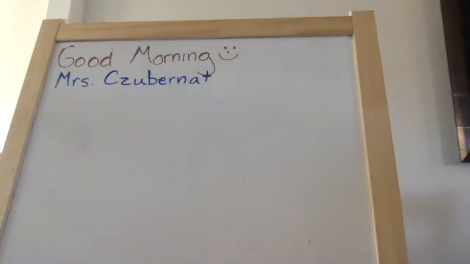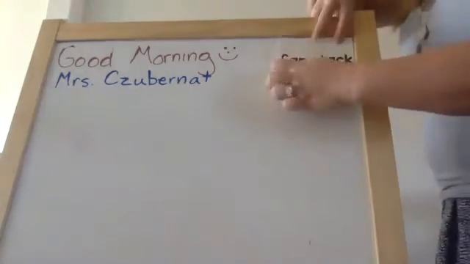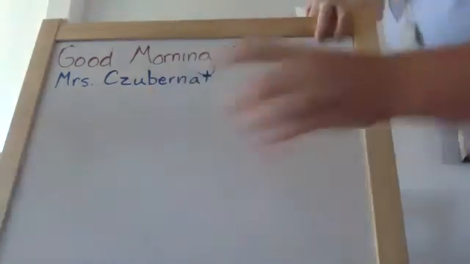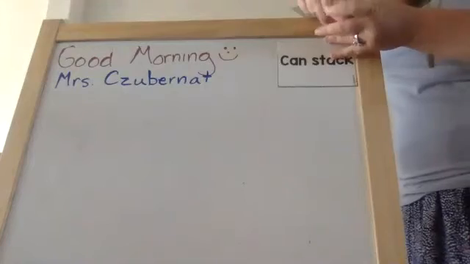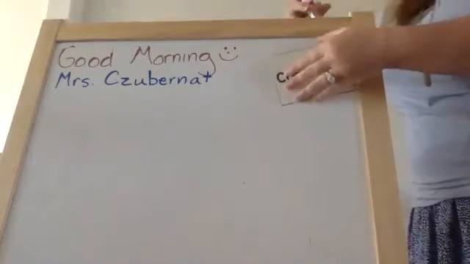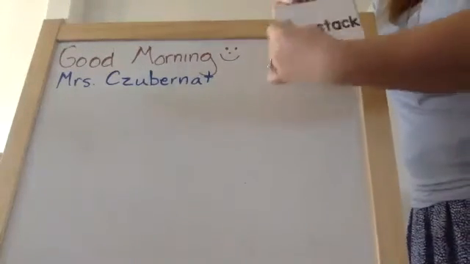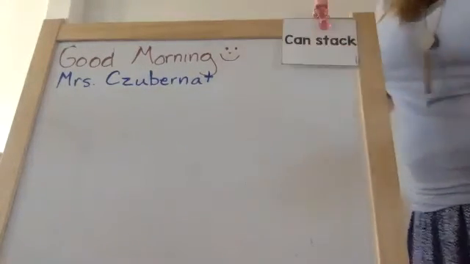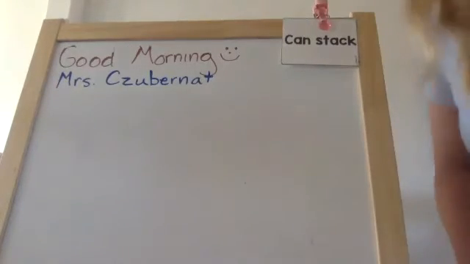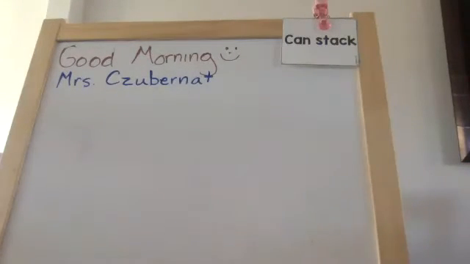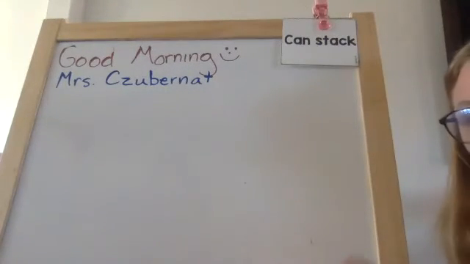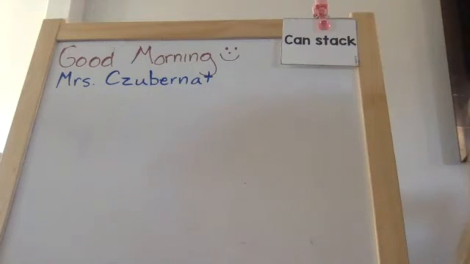Okay. I want you to think of a three-dimensional shape that can stack itself. What is a three-dimensional shape that can stack? Cube. Square. Rectangular prism. Ooh, a rectangular prism, yes. So I heard square, but that is a plane shape.